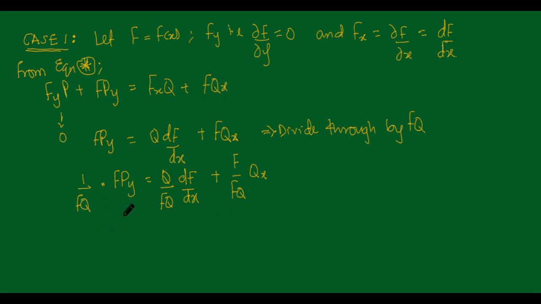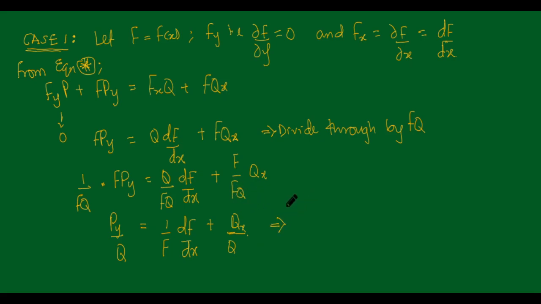So in simplification, we now have p_y, which is the partial derivative of p with respect to y, we could call it p subscript y, must be equal to 1 over f df/dx plus 1 over q multiplied by q subscript x. So that sorts it out.